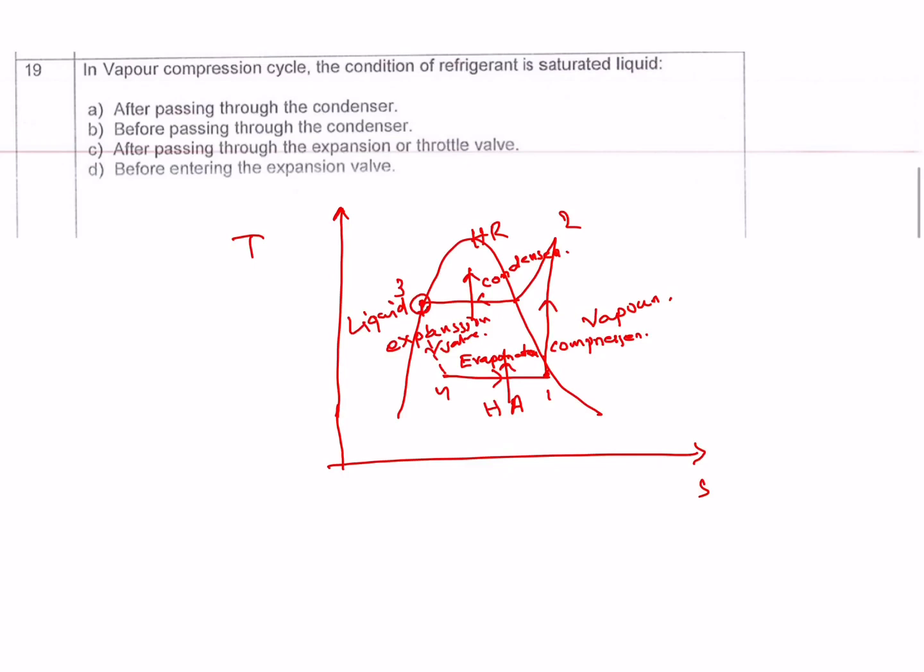So after passing the condenser you will get saturated liquid at point 3. A is your correct answer.